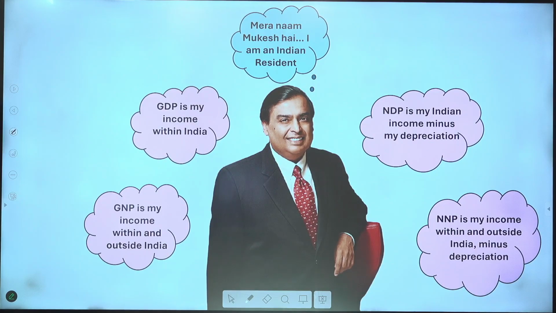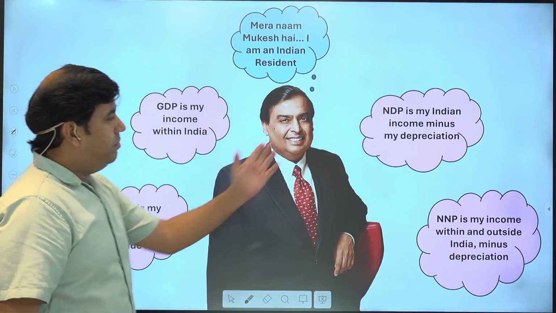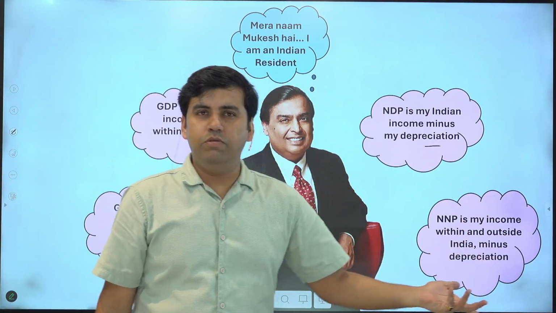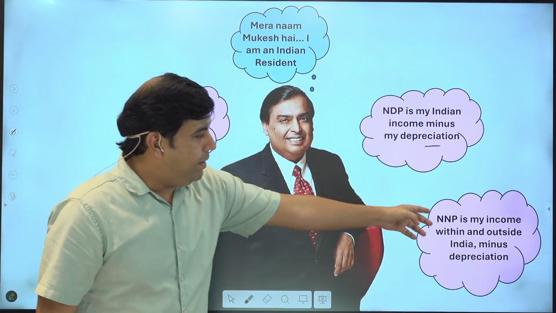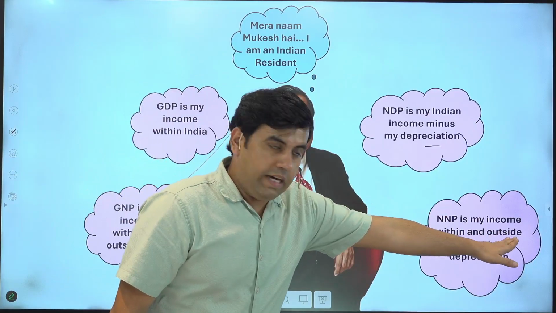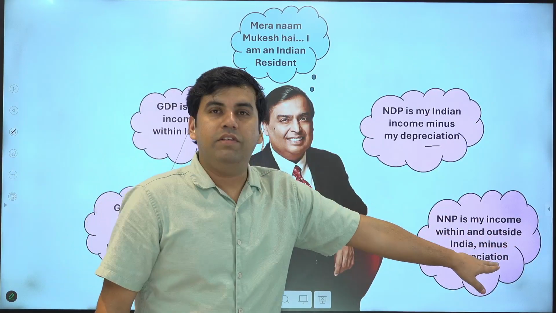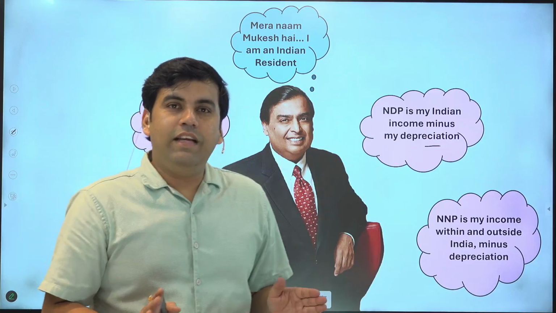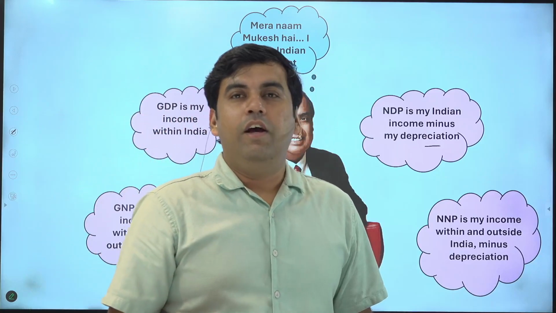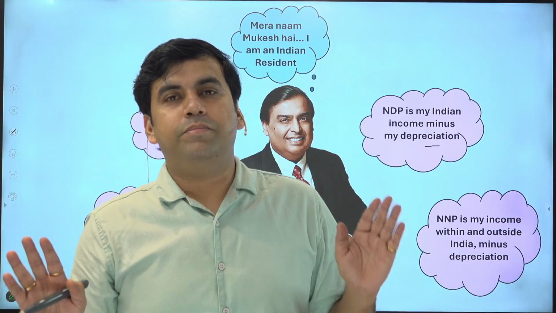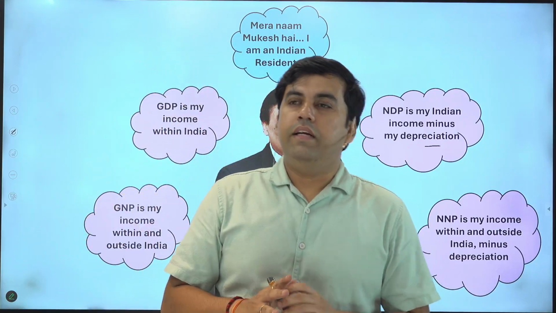NDP is my Indian income minus my depreciation. But he's a businessman, so he has a lot of depreciation. He's producing many things. NNP is my income within and outside India minus depreciation. So this single thing should clarify all the concepts easily. Again, I am repeating it.